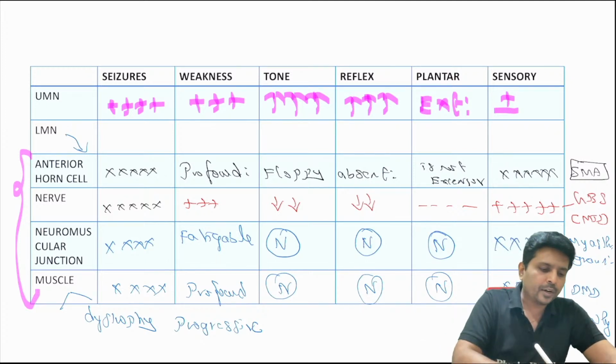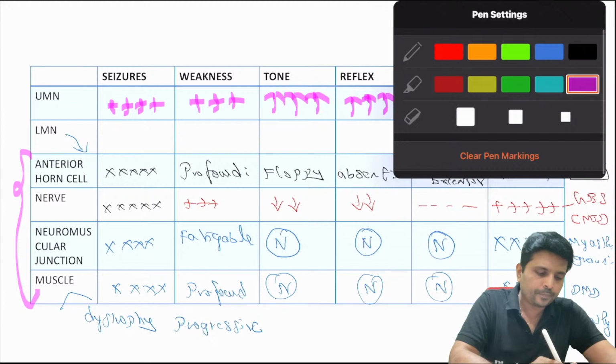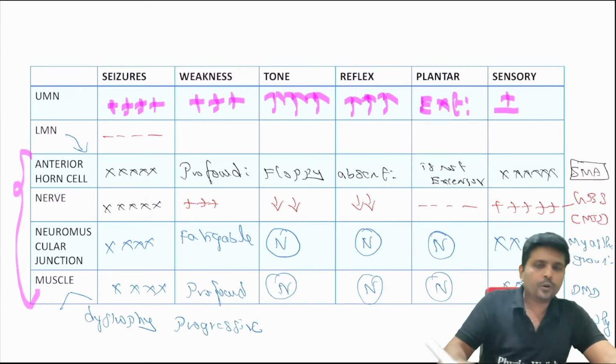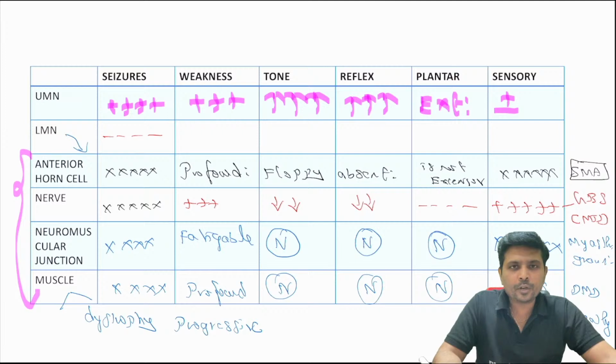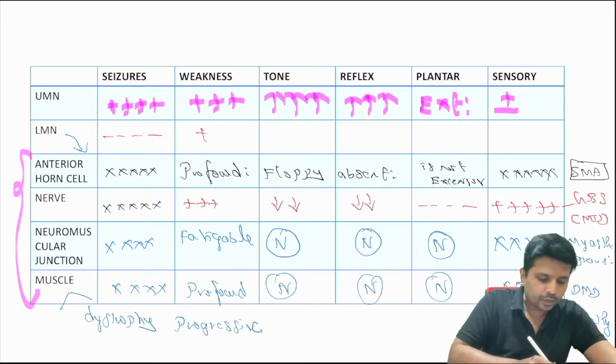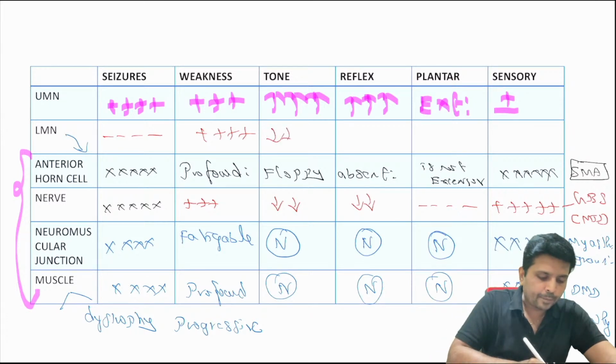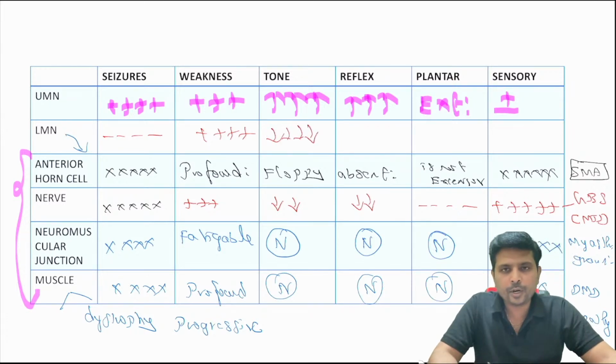Upper motor neuron is characterized by seizure. Lower motor neuron, no seizures. Upper motor neuron weakness, lower motor neuron also weakness. Tone will be hypertonia, spasticity in upper motor neuron; tone will be hypotonic in lower motor neuron.